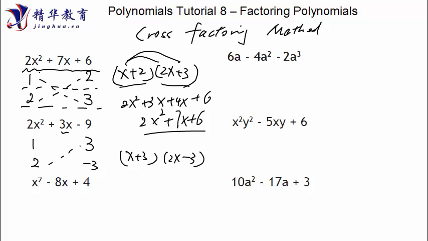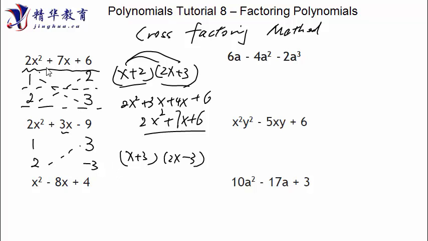So here, I'm going to show you one advanced way. You might not need to know why we're doing that, but I think it's very helpful. You can determine whether a trinomial is factorable or not before you actually try to factor it and waste time.